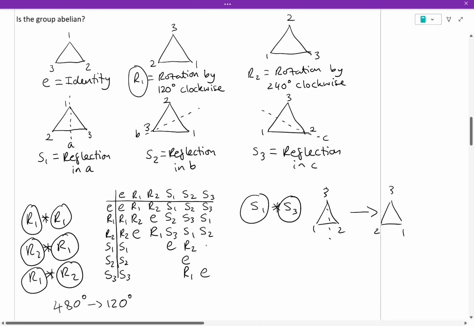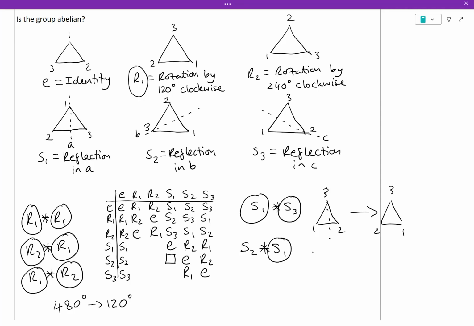Okay, so hopefully what you're noticing as well is if we combine a reflection with a different reflection, we're actually ending up with a rotation each time. So this one here should be R2 using our Latin square property. And then let's continue from there. So we'll go for this one. So it's going to be S2 combined with S1.